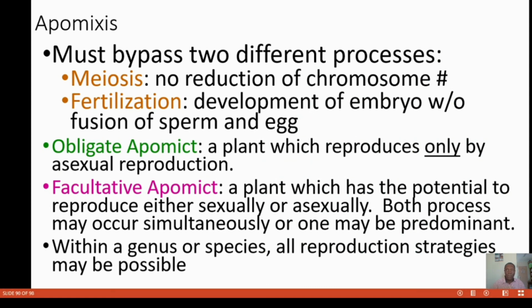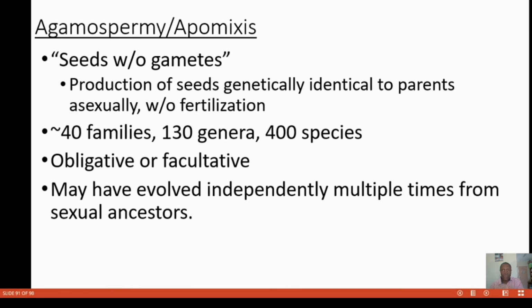Apomixis is one of the agamospermic processes, and it's very important. And as you can see here, and look at your notes carefully, it is described in detail. And of course, here we have about 40 families in about 130 genera and 400 species that are apomictic.